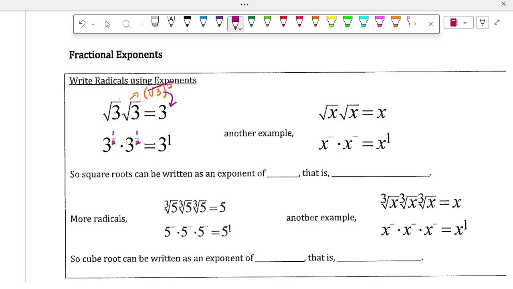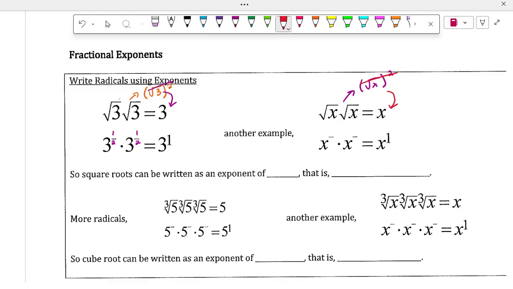So if we did product rule, 1/2 plus 1/2 is in fact 1. So the square root of x times the square root of x is obviously x, because it's the square root of x squared. These cancel out, and you're left with x.